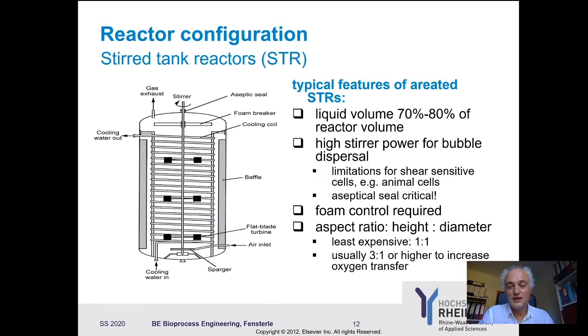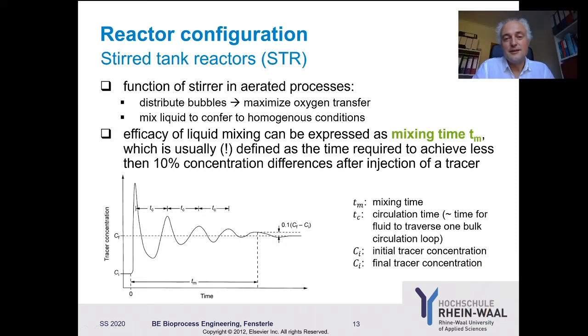So for bacterial cultures, usually the height to diameter ratio is higher, so they're thinner and taller, and for cells it's usually lower, so they're thicker and not so high. So that's a general rule. The job of your stirred tank reactor is, of course, mainly, as you know, to bring the oxygen into your liquid.